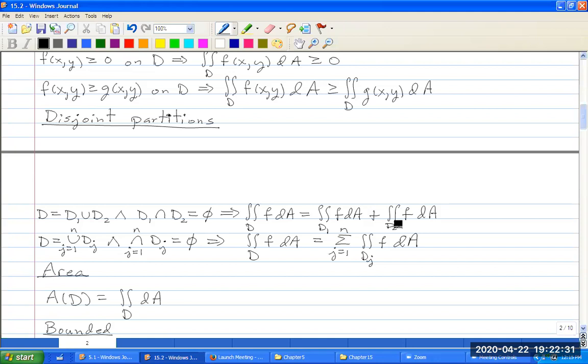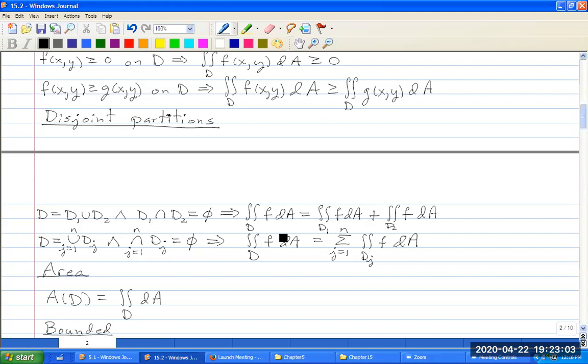Similarly, if I partition my region into a finite number of disjoint sets, then the above holds also. So let D equal the union of Dj from j equaling 1 to n, and let the intersection of the Dj be the empty set.